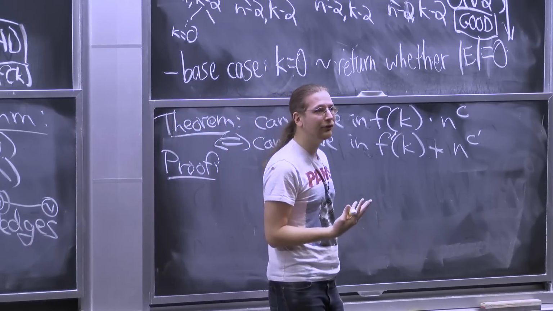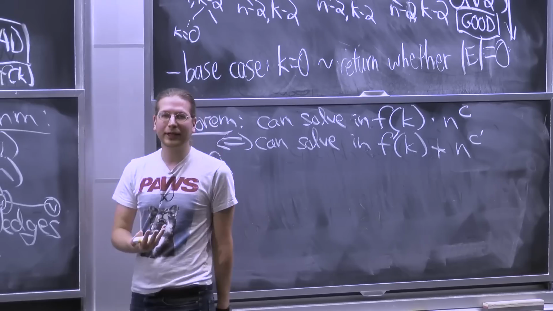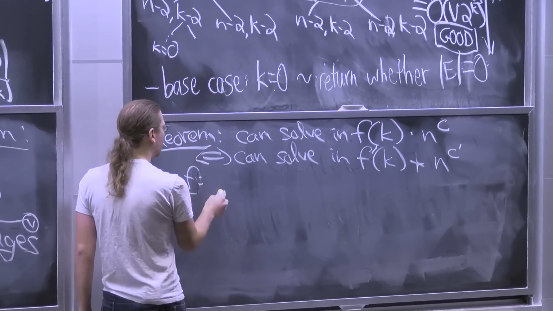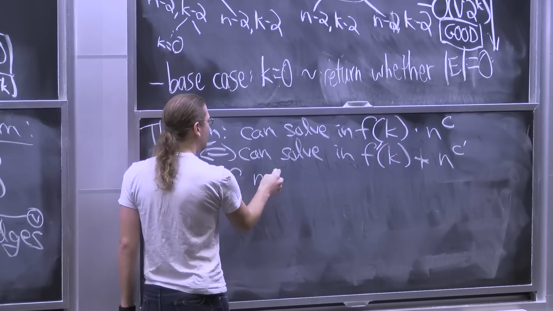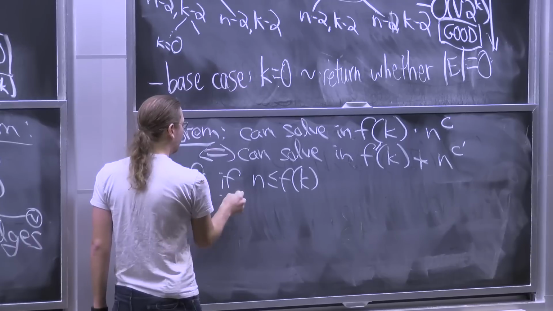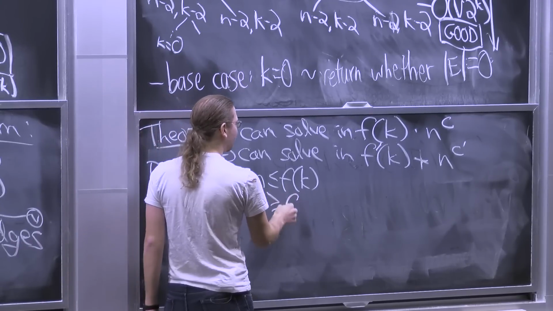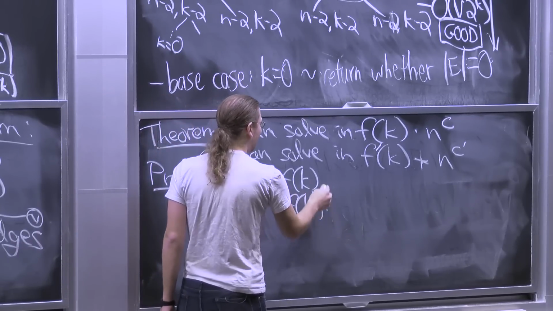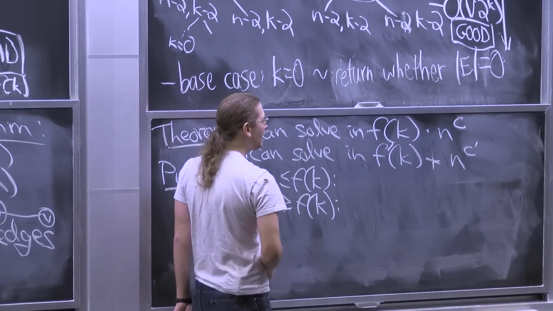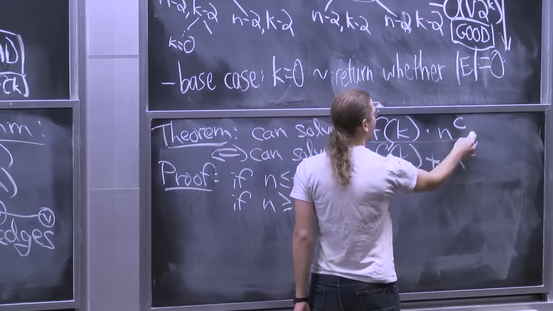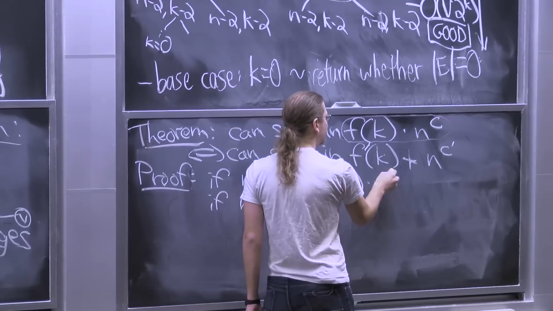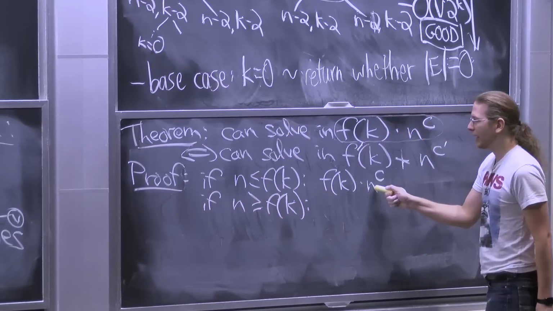If you have an instance of size n with parameter k, there are two cases. Either n is less than or equal to f of k, or n is greater than or equal to f of k, right? Well, got to be one of those, maybe both. If n is less than or equal to f of k, that means that this running time, f of k times n to the c, let's see, n is at most f of k.